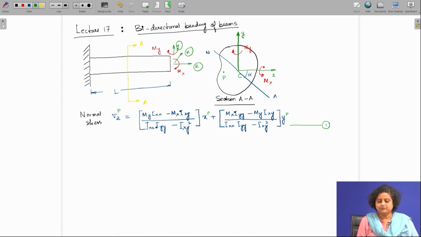Now, if we further rearrange this expression, sigma z can be written as My or Mx over Iyy into y minus.